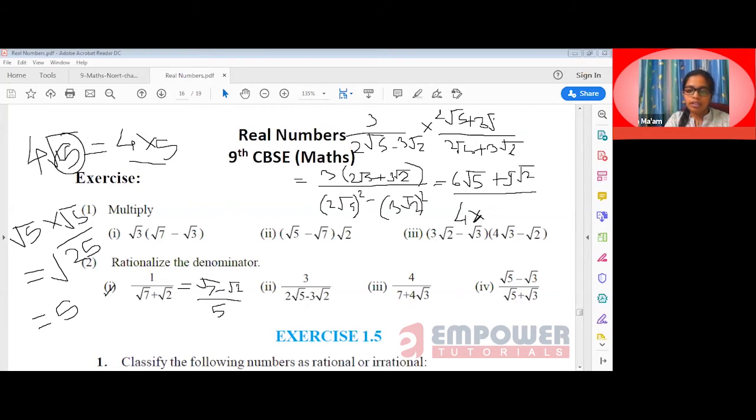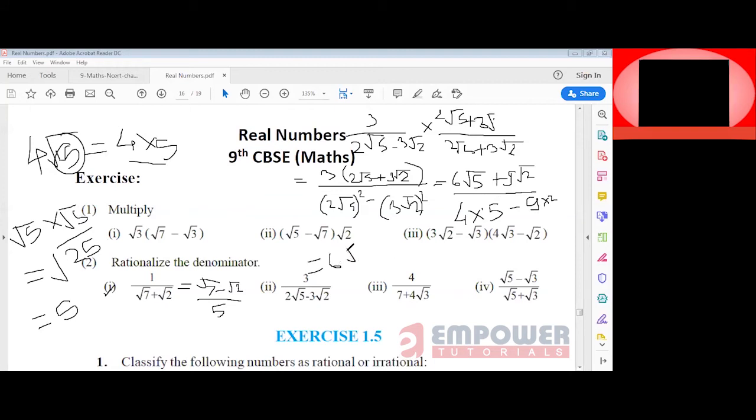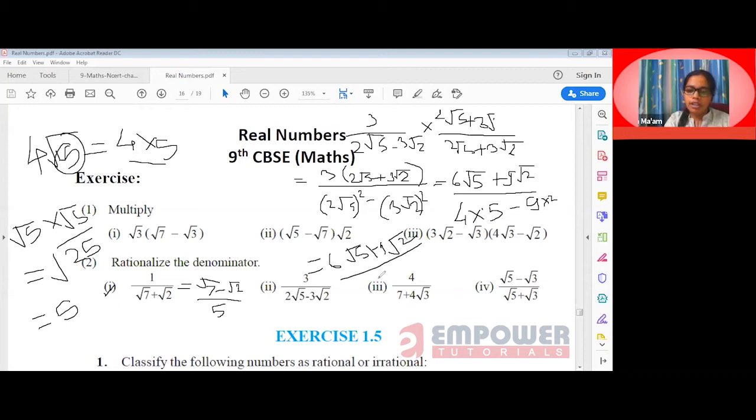Okay. Here 9 into 2. Then after 9 into 2, what will be the next step? Now we have to simplify this. So 6 root 5, 9 root 2, and in the denominator 20 minus 18, which will be equal to 2.